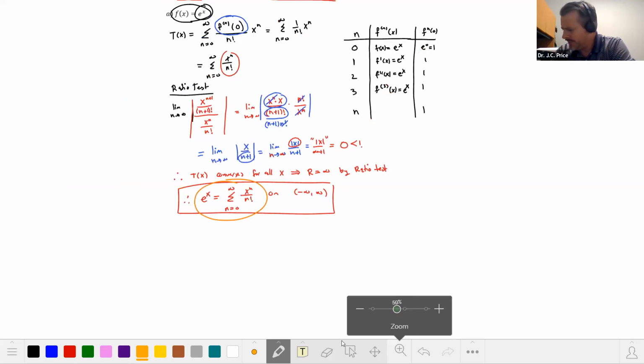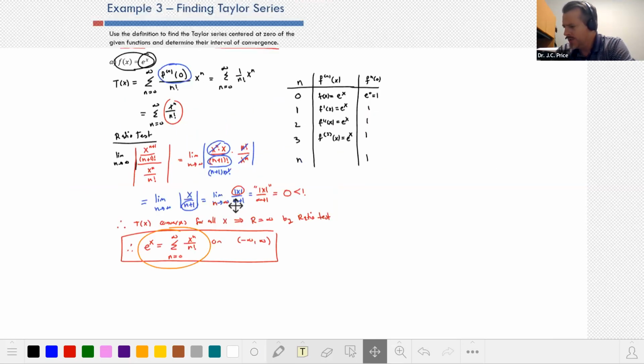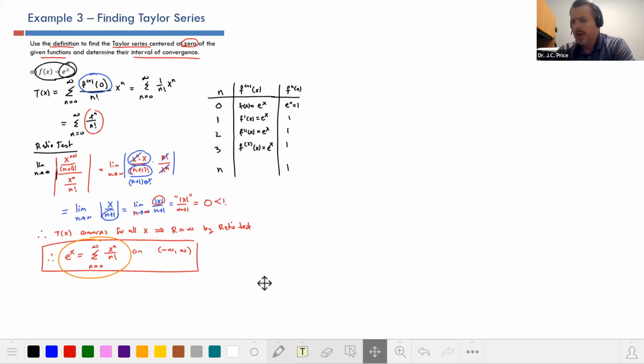E to the x, you'll see it's one of our standard Taylor series representations for a function. Right, so e to the x, cosine of x, sine of x, those are all important ones. Ln of x, all these have nice standard Taylor series representations, which I'll actually show you later in about a week or so. Okay, so there it is, in all its glory, basically.